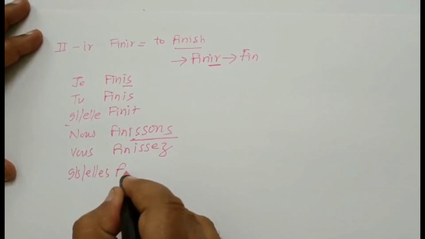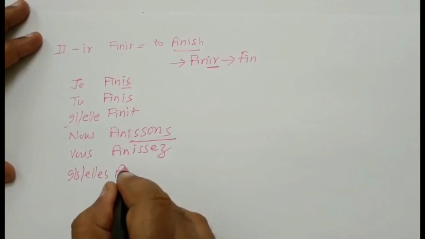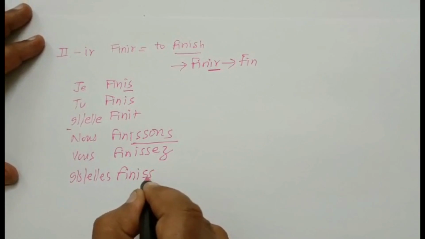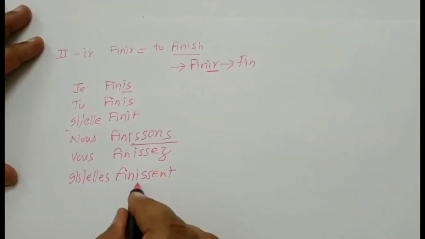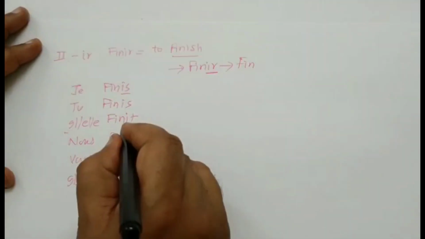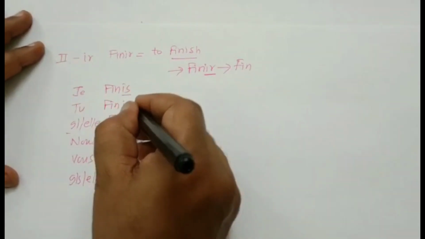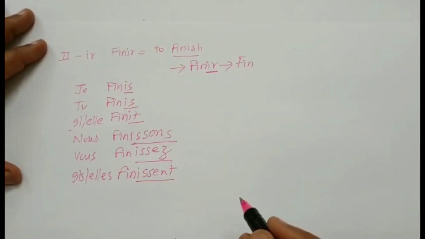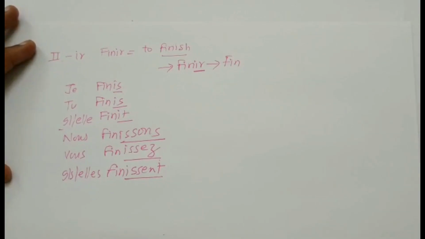And for the ils, elles, that would be finissent, ENT. So this is going to be the verb that we need to talk about. Je finis, tu finis, il finit, elle finit, nous finissons, vous finissez, ils finissent, elles finissent.